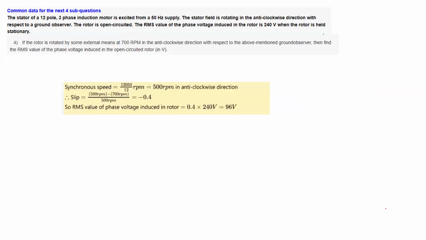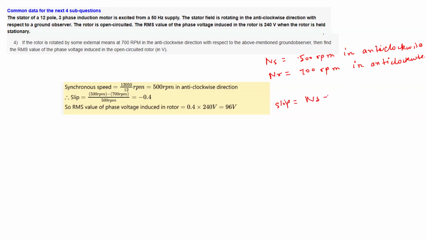Again, the next question is the same, but here just see. Ns is 500 RPM in anti-clockwise direction. Now let us see the slip.